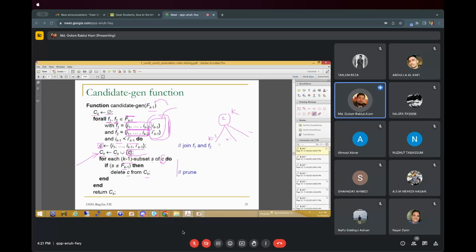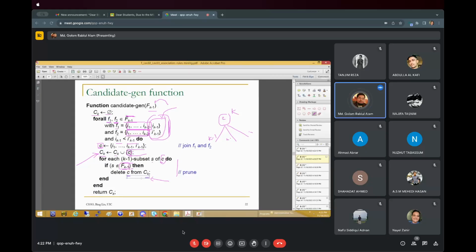If we see that there is a k minus 1 subset that is not in our F k minus 1, then we have to delete this C. That means this kind of candidate subset will not fulfill the Apriori property, and that's why we have to delete those.